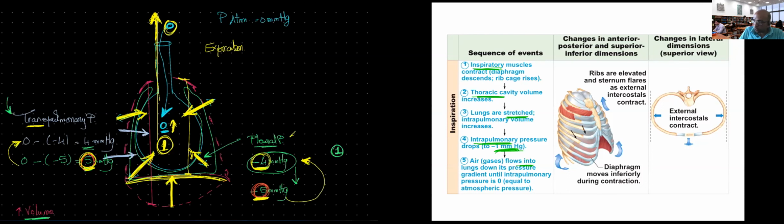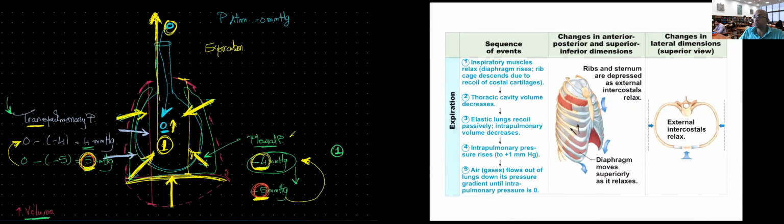As the air flows to the inside, where you have lower pressure, it's going to be equalizing the pressure on both sides. So the air pressure inside the lungs will increase back to be equal to the atmospheric pressure. It increases to a zero pressure.